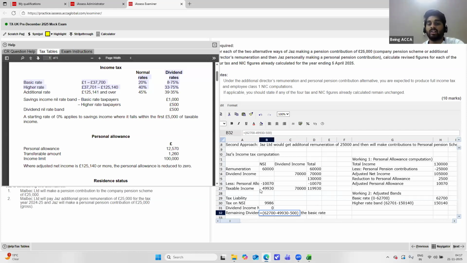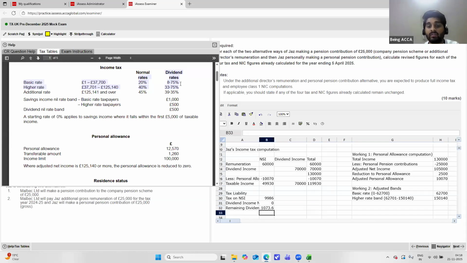Out of this, 49,930 has been utilized for the non-savings income, and the other 500 has been utilized for the nil rate band. So the remaining would be calculated as this multiplied by 8.75%, which would give you your value of 1073.6.